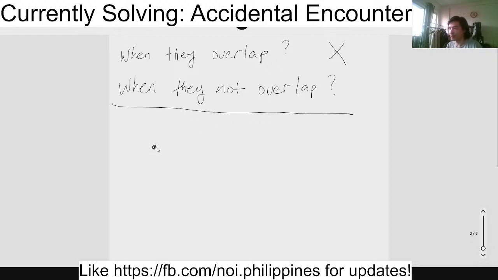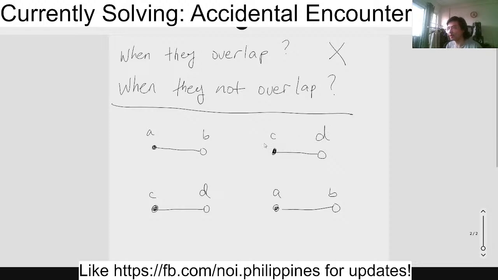Well, it's always like this. You have one interval to the right of the other. Or it can be the other way around, like this. And it's much easier to see that those are the only two possibilities.